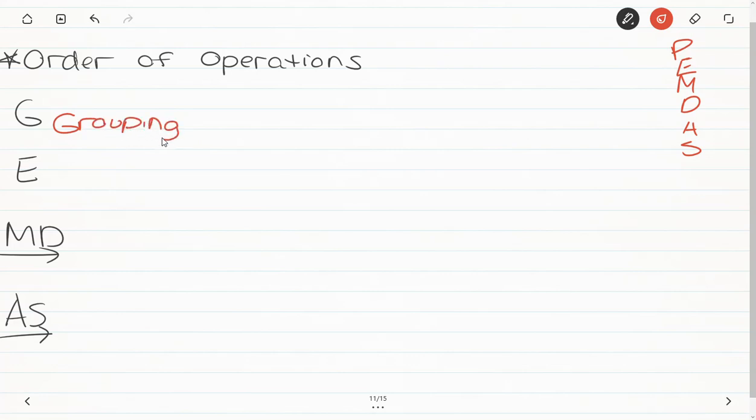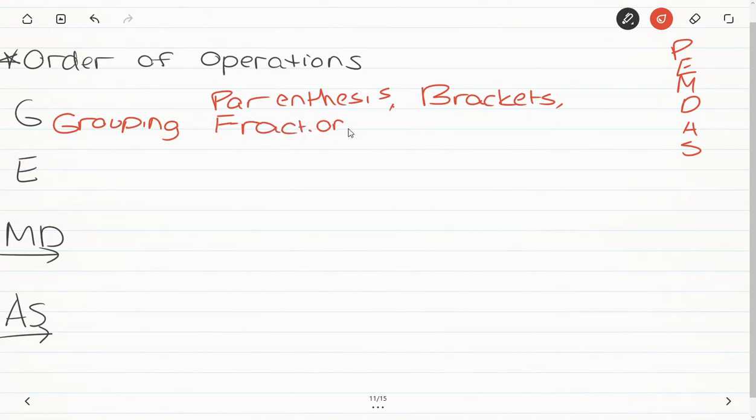So the G stands for groupings. Now, groupings could include the parentheses. You can include brackets. It could include fraction bars. We're going to talk about those today. And also absolute value.